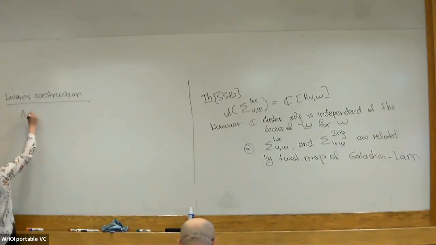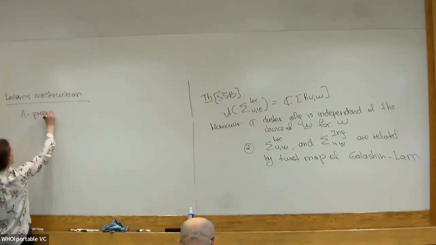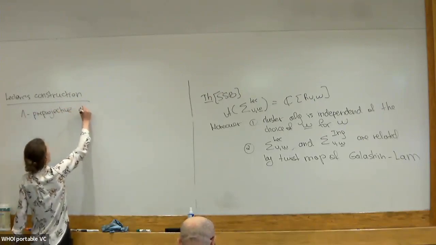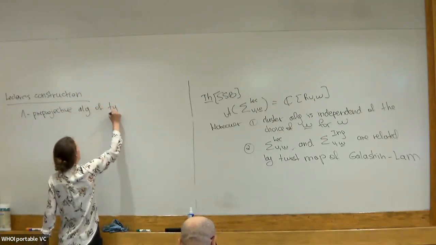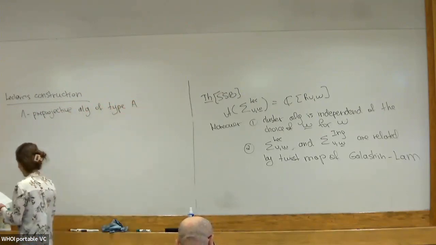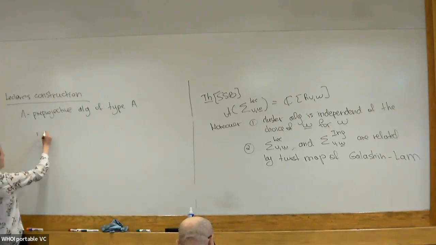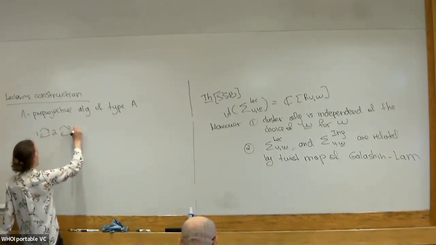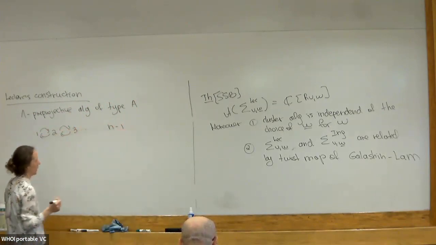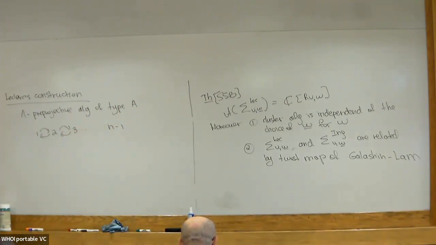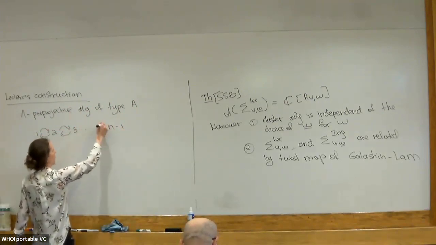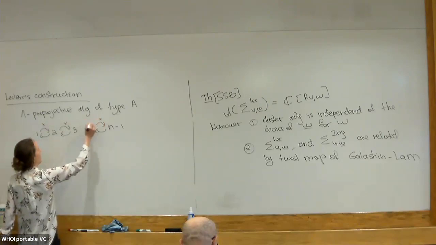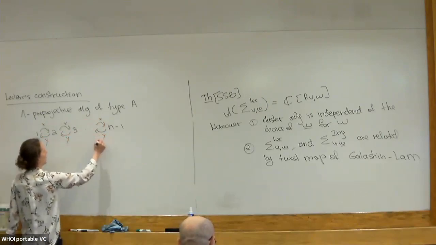So suppose lambda is now a preprojective algebra. I'll do some representation theory of type A. And just a reminder, the quiver looks like this. And if I took my representation C and that would be an S_n, then the algebra I would consider should be on n-1 vertices. Call these x's and call these y's.